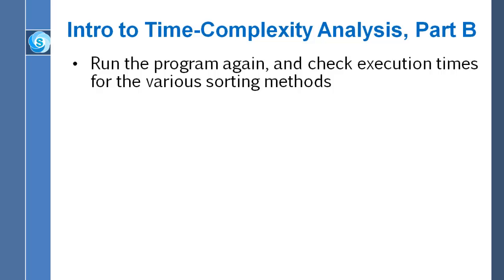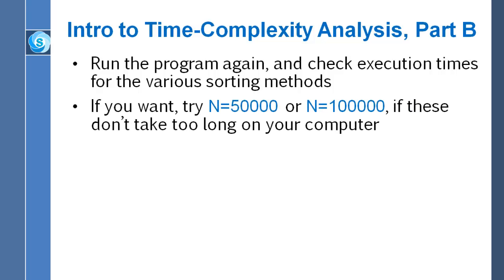I think you're going to see that Quicksort is the clear winner, that Mergesort is not too far behind that, and that the other three more basic sorting methods take far, far longer to sort. If you want to, you can try other values of n, maybe go up to 50,000 or 100,000.